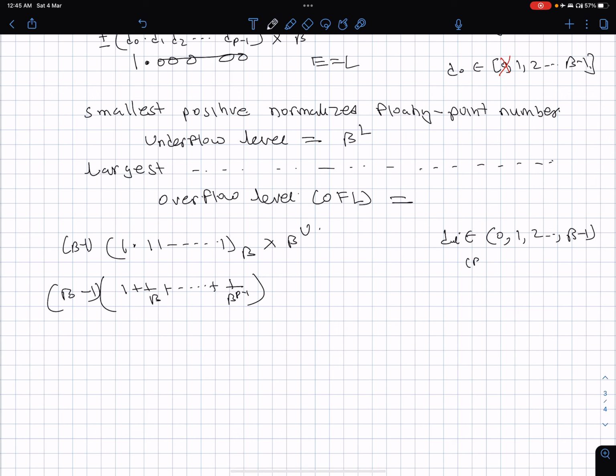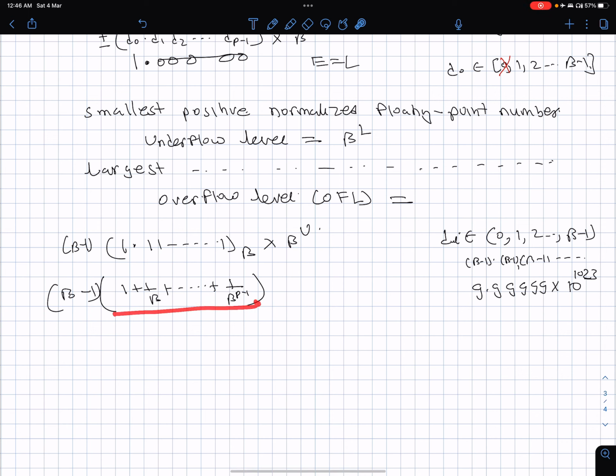So the numbers are beta minus 1 dot, again beta minus 1, beta minus 1 and so on. I take beta minus 1 common. For example, in decimal it is 9.9999, if 10 is the base and the highest exponent is, say, 1023, just for the sake of discussion. This is the largest possible number, and 9 is nothing but 10 minus 1, which is beta minus 1. So I take that as common, then it becomes 1.1111 into beta to the power U, which is expanded as follows.